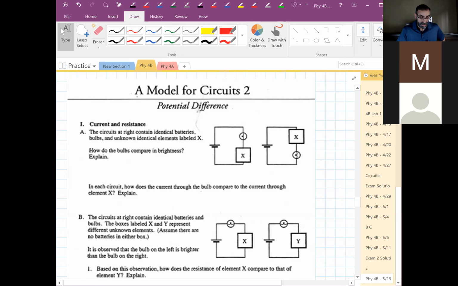So what do you think? We've got these two circuits hooked up. You put the bulb before whatever that thing is, a toaster or something else, right? Put the bulb before it. You put the bulb after it. How does the brightness of our bulb compare?